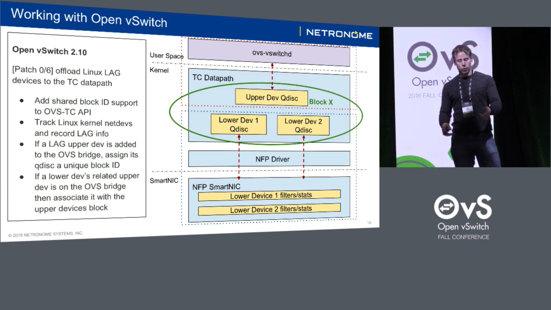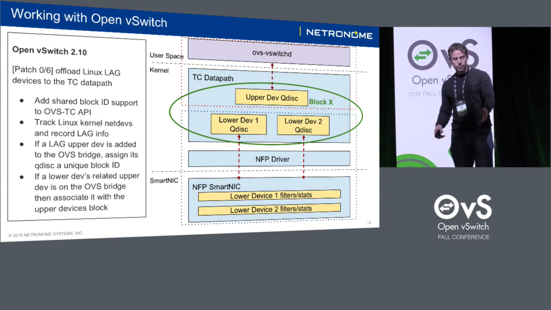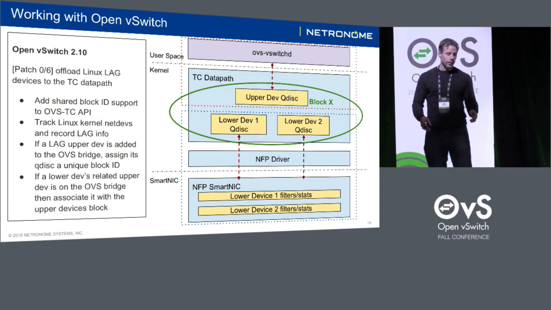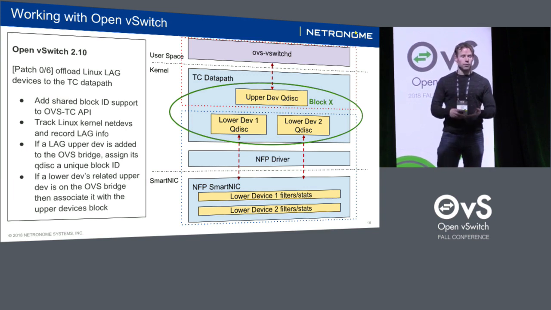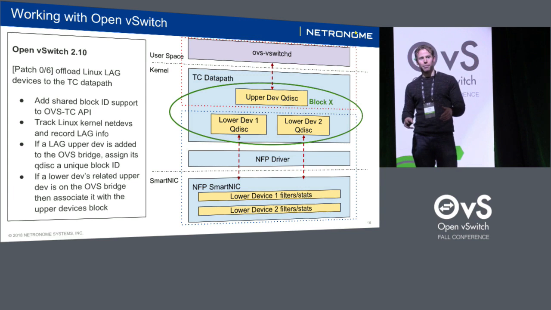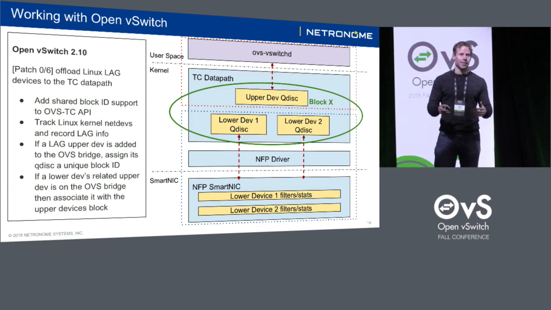When that's passed up to the QDisc in the TC data path here, because it has updated the stats for that rule, it updates them within the entire block. So effectively, the stats on the upper device will never be directly updated, in that a packet will never hit the upper device here. But because we're updating the lower devices, it automatically updates the upper device, and that's all that OVS sees.